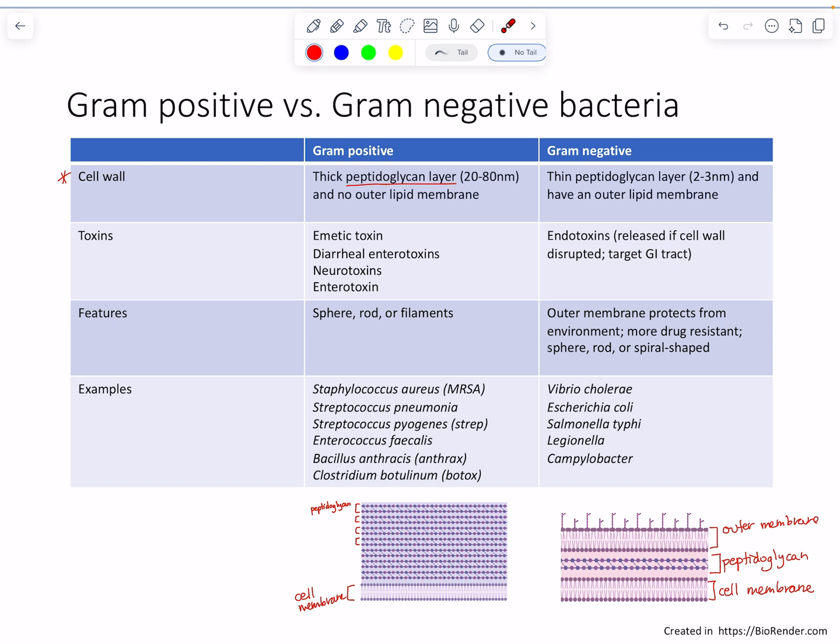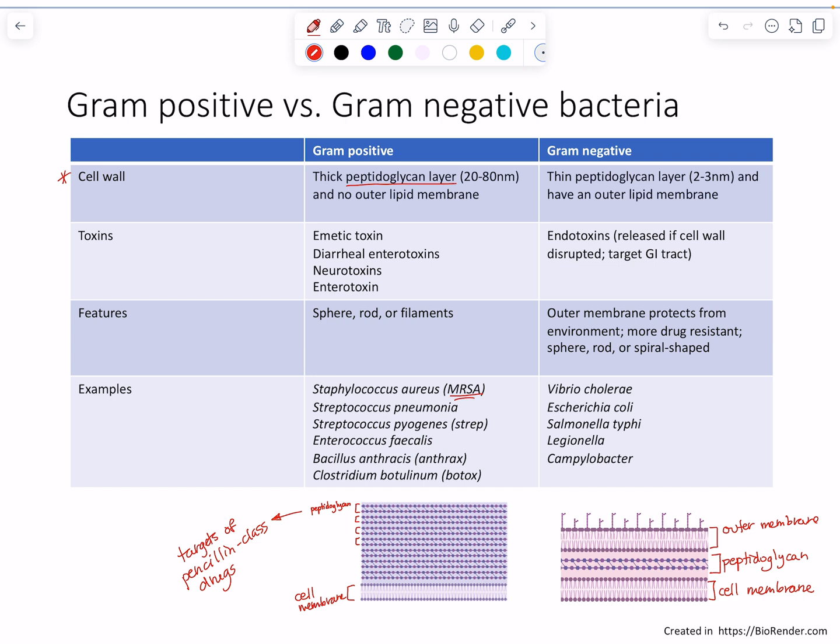MRSA are drug resistant. Because they have a lot of layers of peptidoglycan, these are really the targets of penicillin class drugs, right? Because they have a lot of peptidoglycan layers.